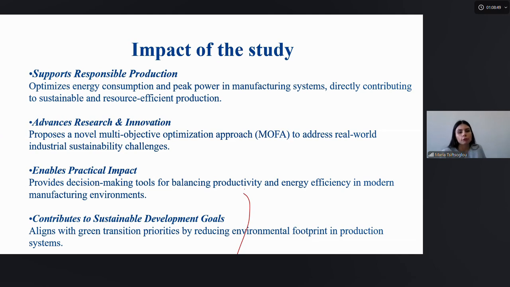We propose a novel multi-objective optimization approach to address real-world industrial sustainability challenges. We can also provide a decision-making tool that balances productivity and energy efficiency. And we align with the green transition priorities by reducing the environmental footprint in production systems.